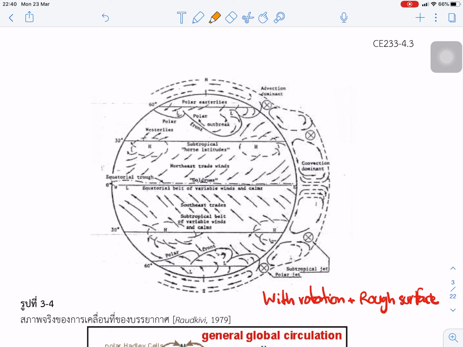So we expect areas of high pressure, and a jet, the subtropical jet or polar jet, in this area on Earth, and a front between the cold and warm air.